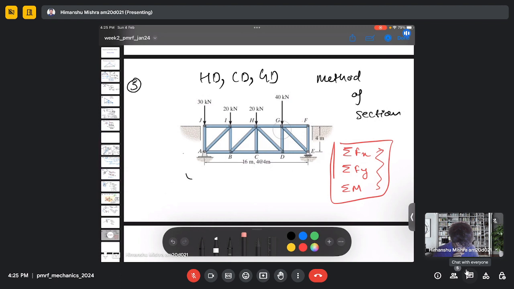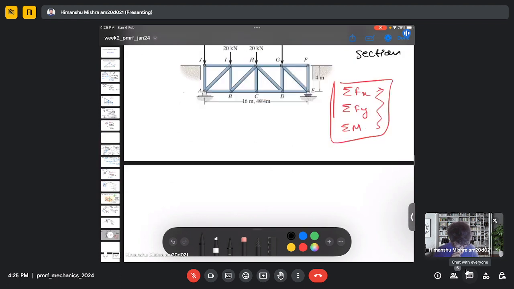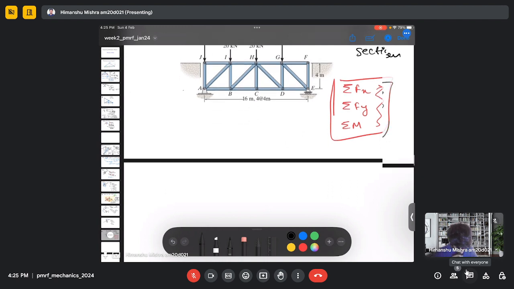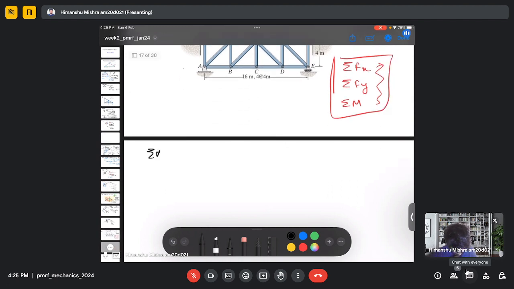So let's first calculate the normal reaction forces at the end joints. Let me take the moment at A, and I am considering the counterclockwise moment as positive and the clockwise moment as negative.